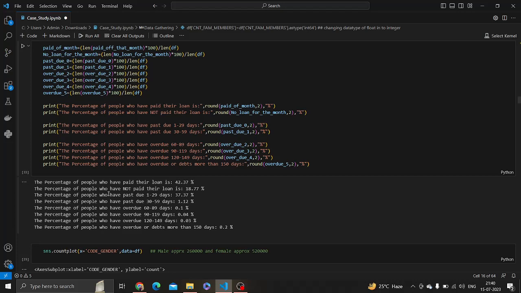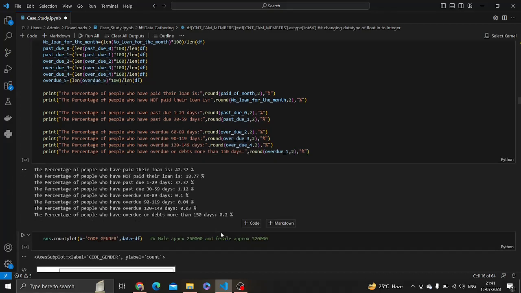And the percentage of people who have not paid their loan is 18.77%. And the rest of the others are similar: the percentage of the people who have past due 1 to 29 days is 37%, then 30 to 59 days is 1.12%, then 0.1, then 0.04, then 0.03, then more than 150 days the people have 0.2%.